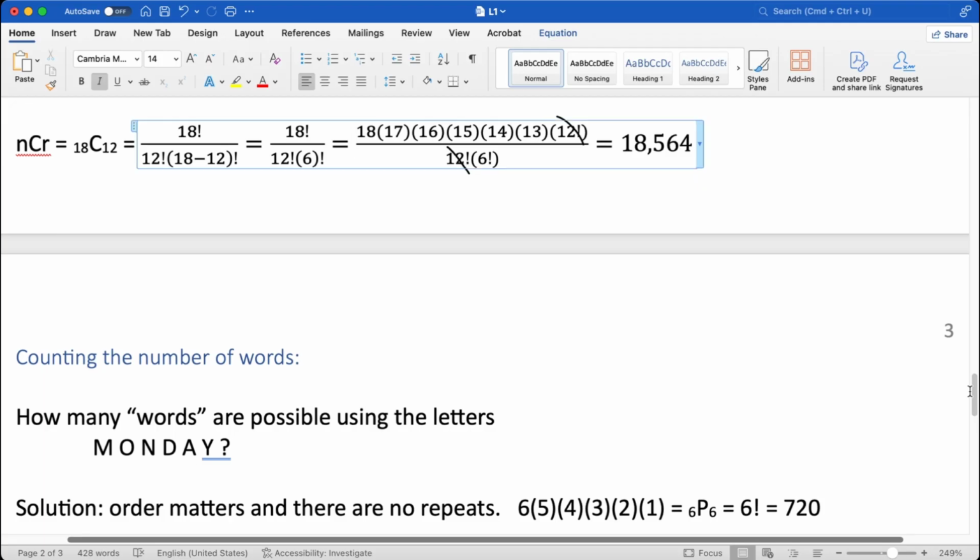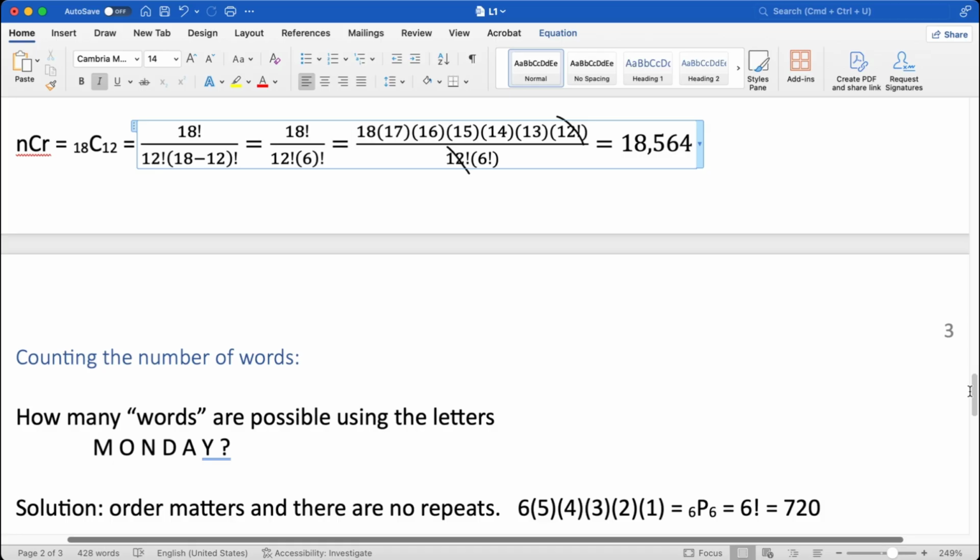Counting the number of words. How many words are possible using the letters Monday? Now, we're not talking about official words here, but just how many different ways we can scramble these letters. So the order matters here, and repeats are not allowed. This fits the format of a permutation.